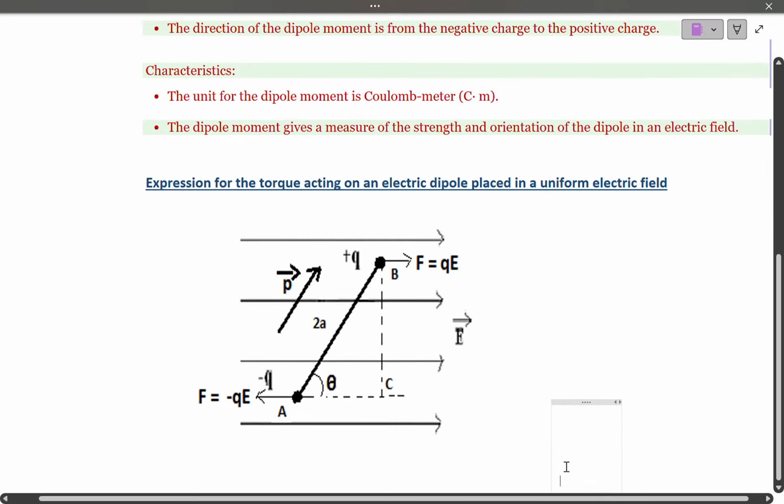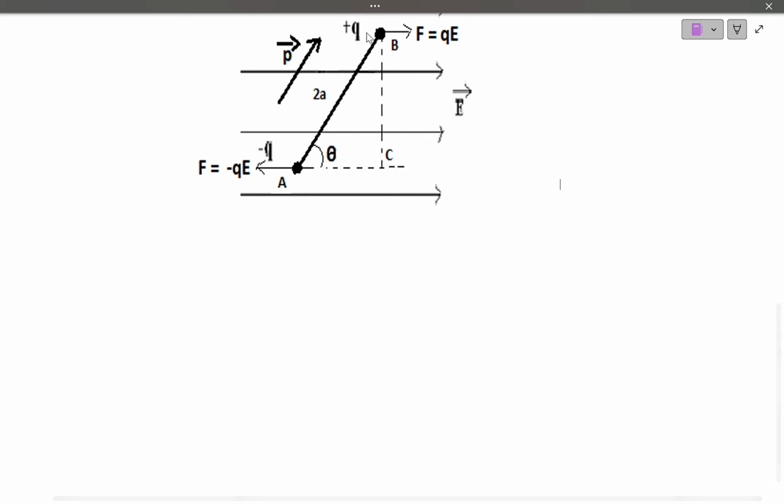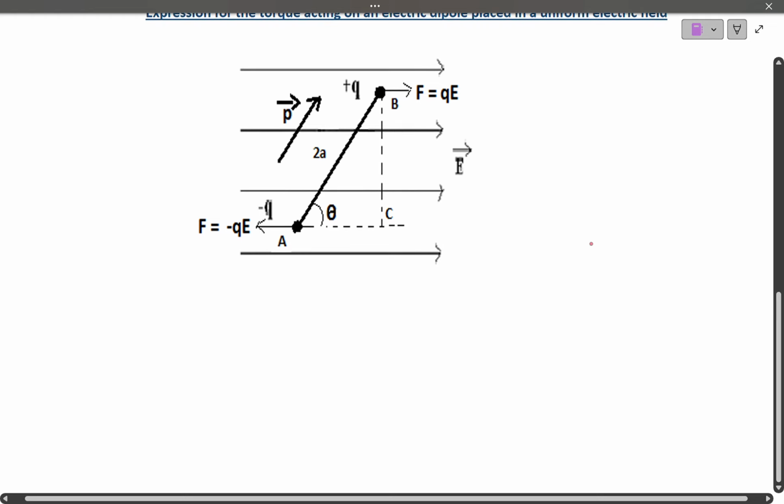Let's study the electric dipole placed in a uniform electric field. Hope you can see the figure. This is the figure.